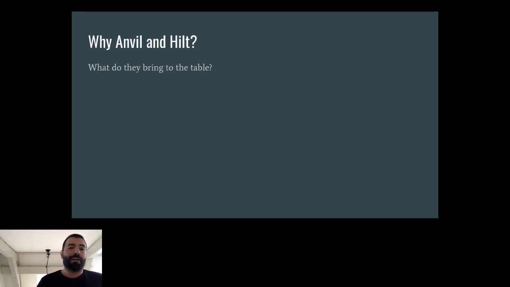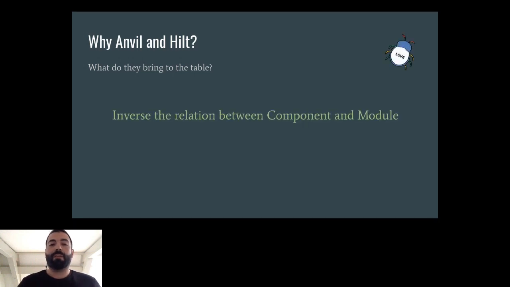First of all, why Anvil and Hilt that I'm talking about? It's definitely not because they are provided by Google or Square, very appreciated, but it's mostly about what they bring to the table. They invert the relation between component and module.